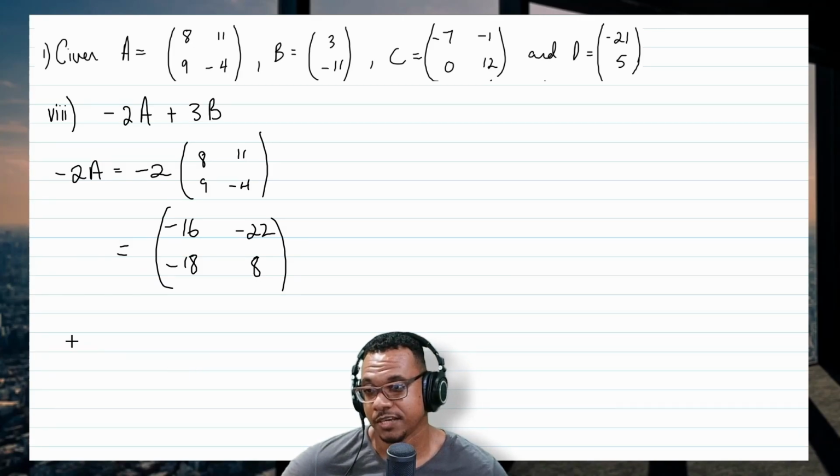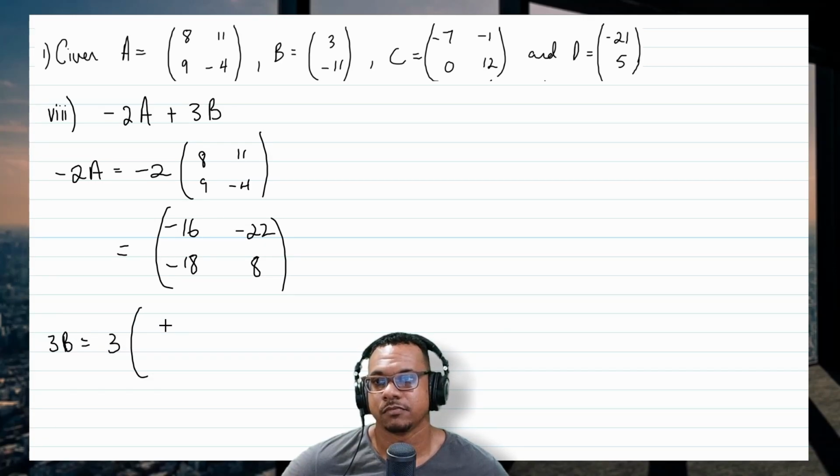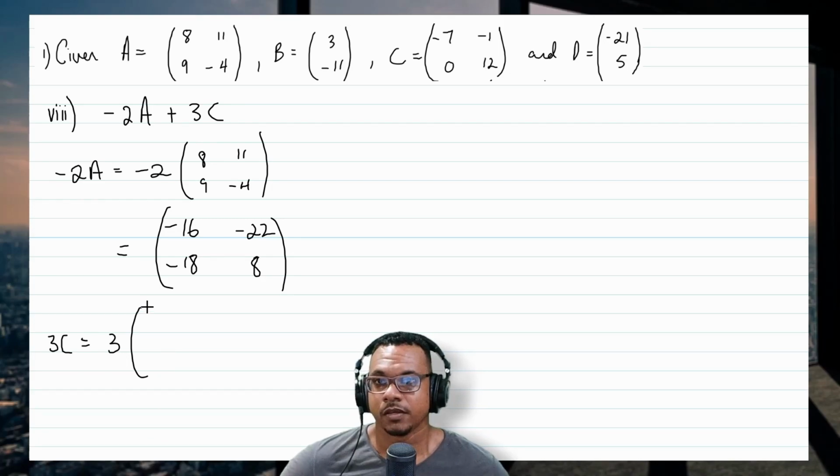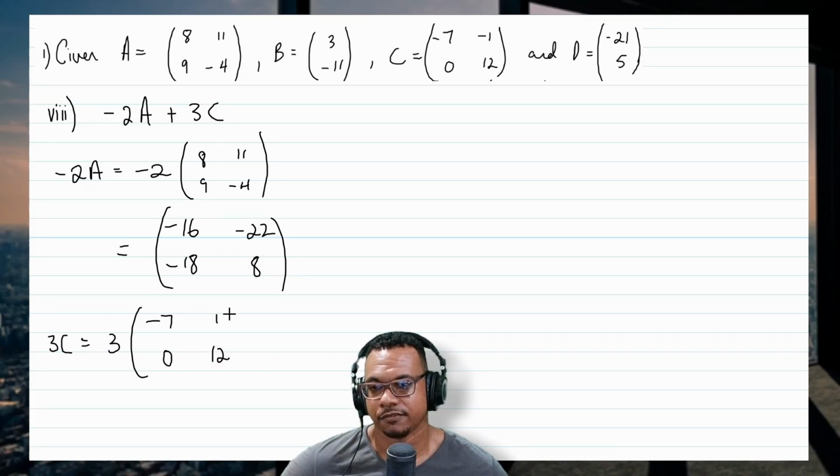Then you need to work out what is 3 times c. Let me change that, it shouldn't be 3 times b at all, it's 3 times c, because that was a no solution. So c is negative 7, 0, 1, and 12.